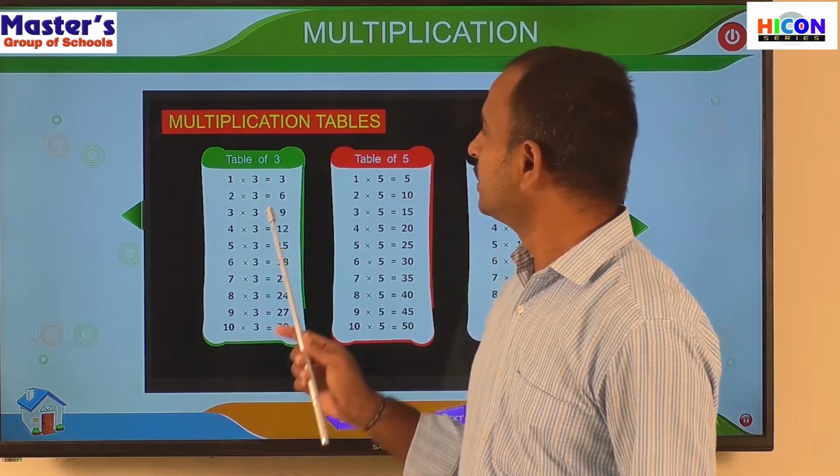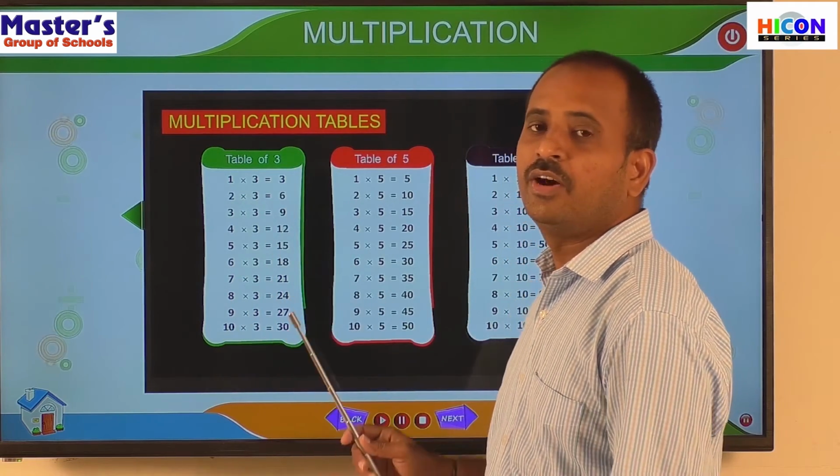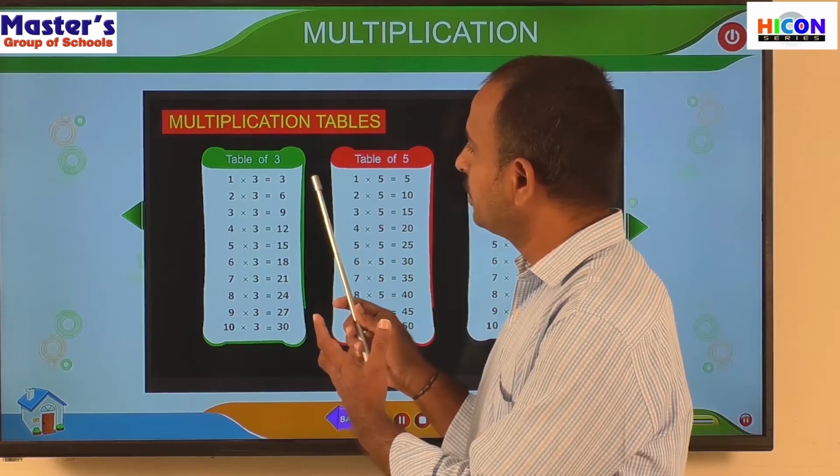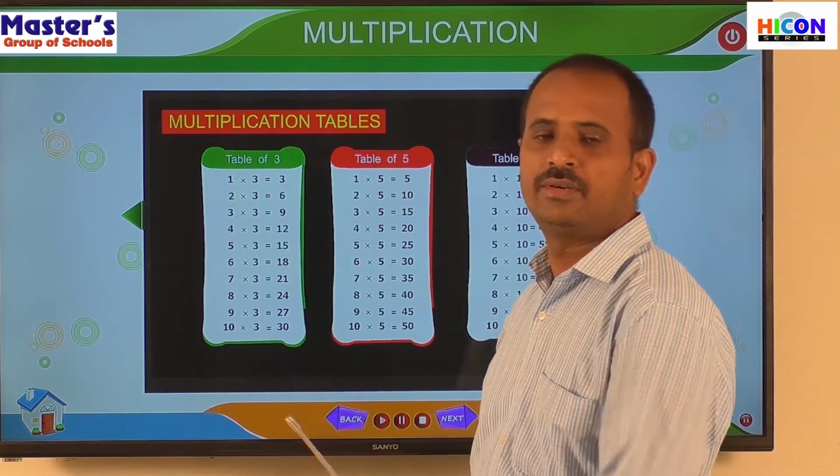So children, this is called the table of 3, and we have to read the table of 3 as I have read it before.